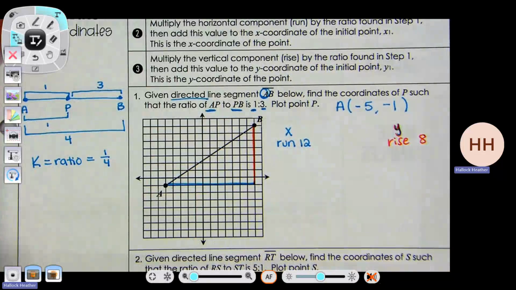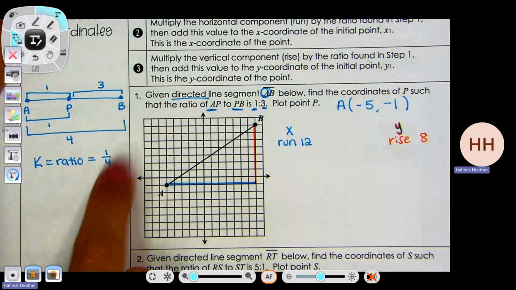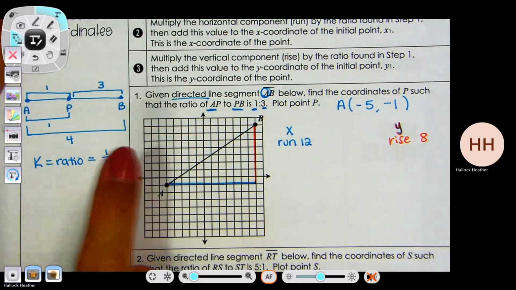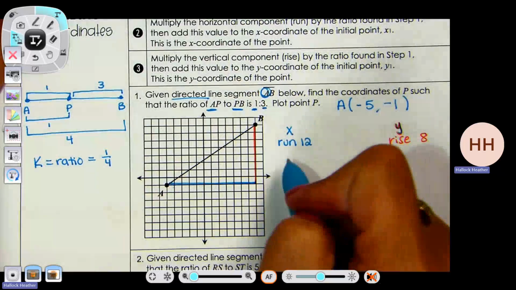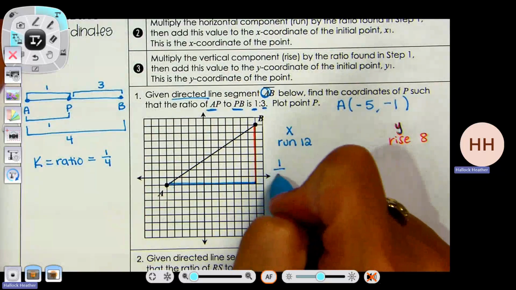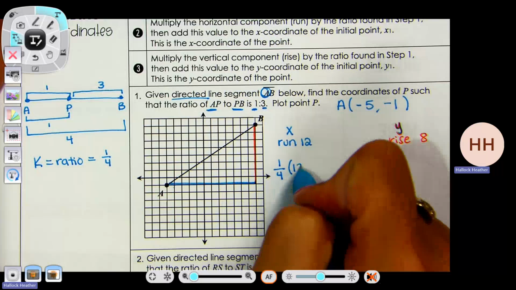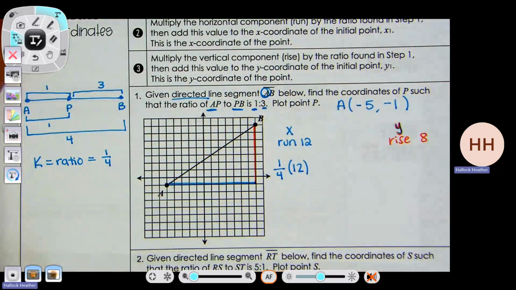Now, if I run 12 and I rise 8, that means I'm going all the way to B. I don't want to go all the way to B. I want to go 1/4 of the way from A to B. So instead of going over 12, I'm going to take my ratio, which is 1/4, and multiply by 12 because I want to go 1/4 of the way. What is 1/4 times 12?